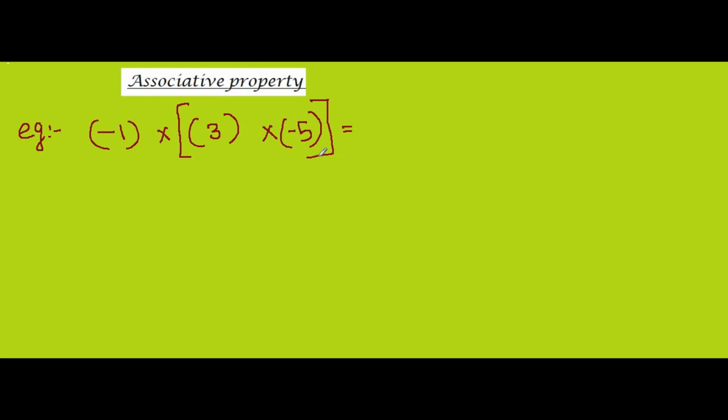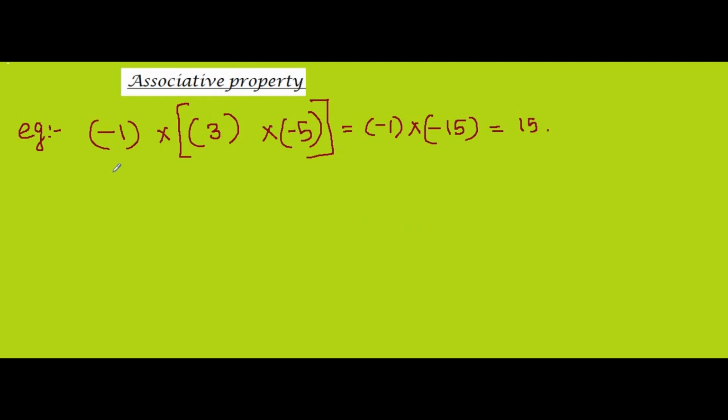We have to do the thing which is given inside the bracket. So 3 times negative 5 is negative 15. Then negative 1 times negative 15, what is the answer? Yes, the product of negative numbers is a positive number. So 1 times 15 is 15.